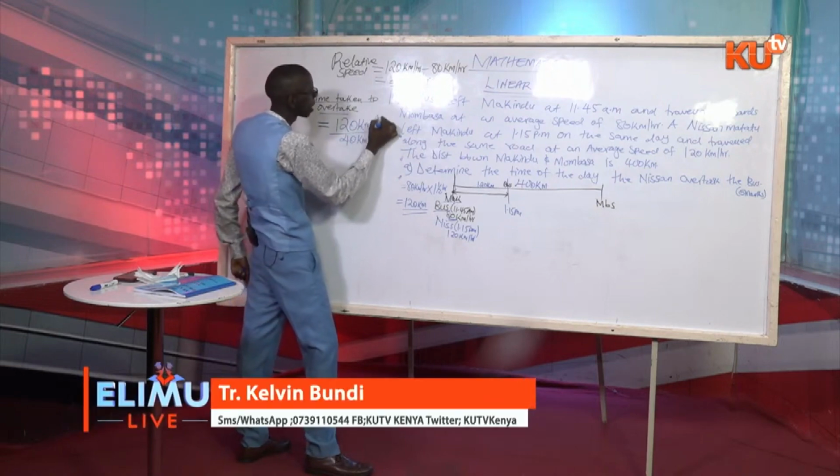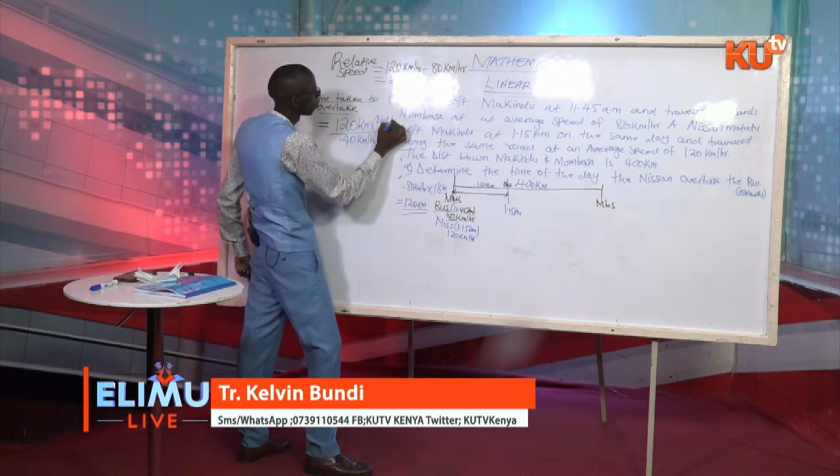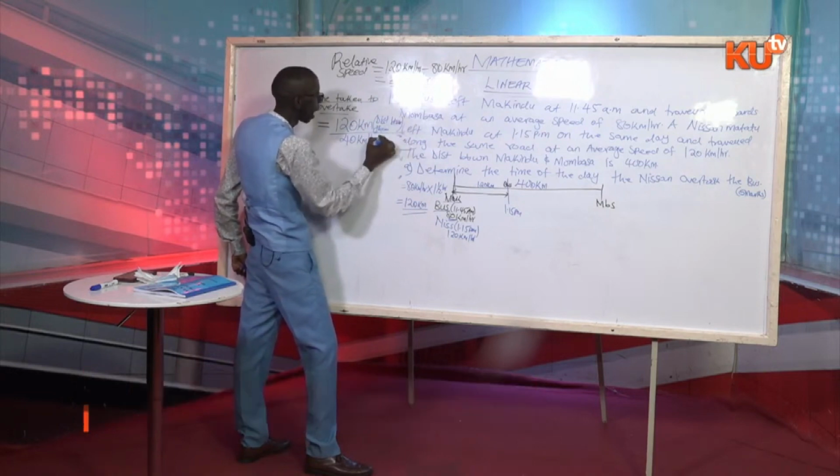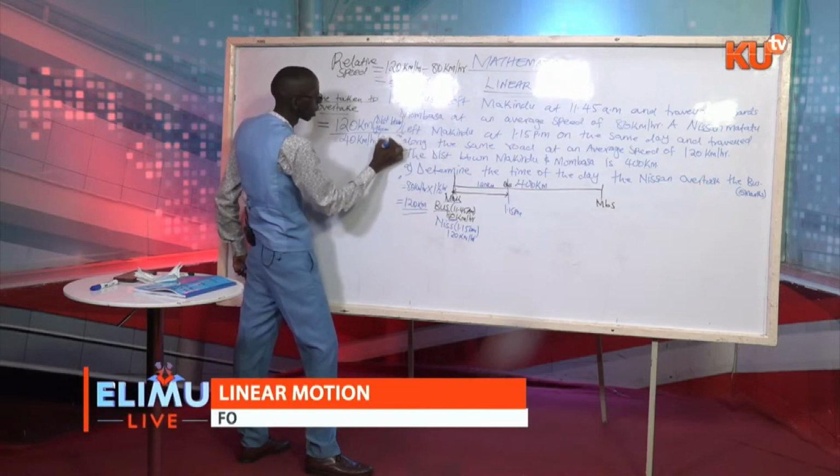This is distance between them divided by relative speed.